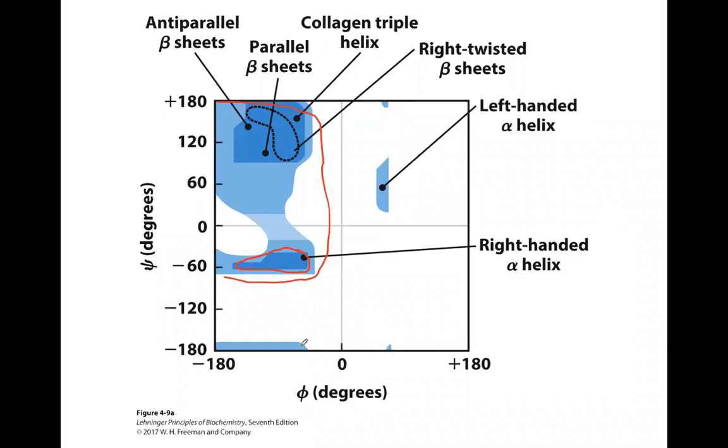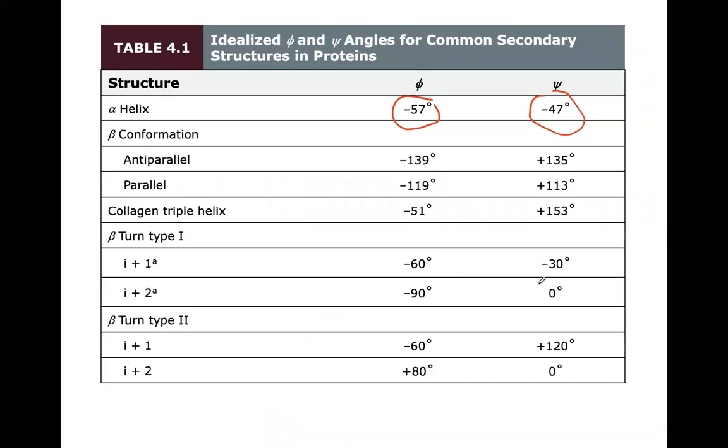Minus 57 is somewhere here for phi, and minus 47 was somewhere here for psi. So that will be the right-handed alpha helix. And the other ones are also listed in this table, just for reference. Obviously I don't want you to memorize these numbers.